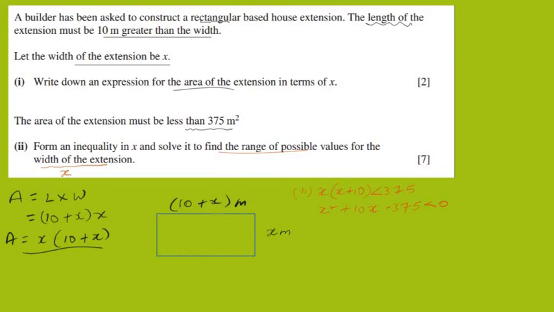Now, if x squared plus 10x minus 375 is less than 0, then I can factorize this, and what I'll end up getting is x plus 25 times x minus 15 is less than 0.